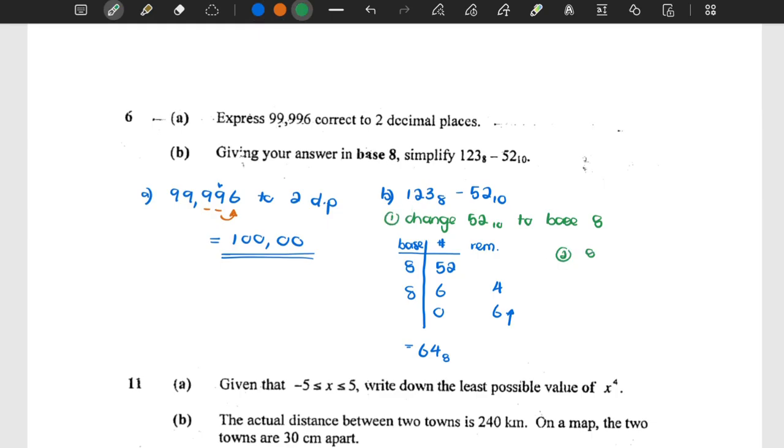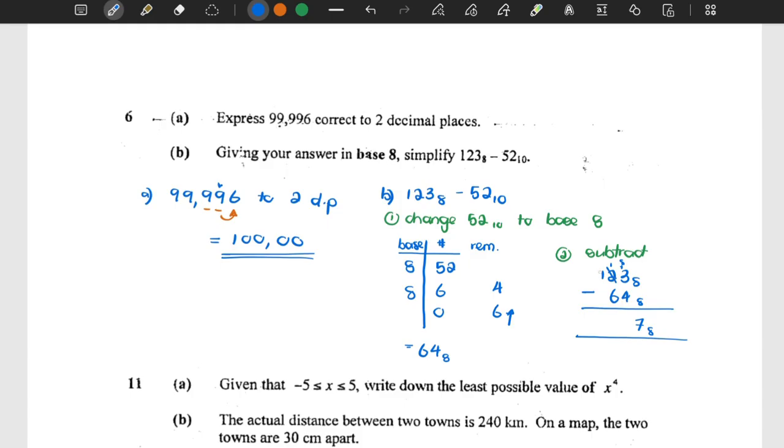Number 2 is the subtraction. So for the subtraction, we have 123 to base 8 minus 64 to base 8. Again, 3 minus 4 is improper, so we borrow a 1 here and add an 8 there. 8 plus 3, that's 11 minus 4, that is 7.